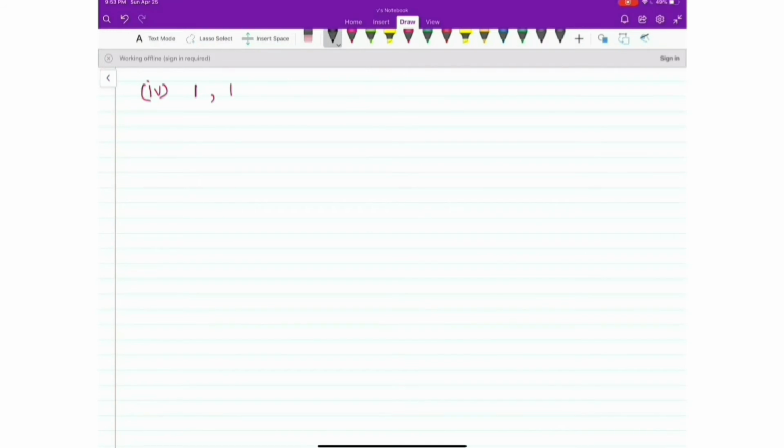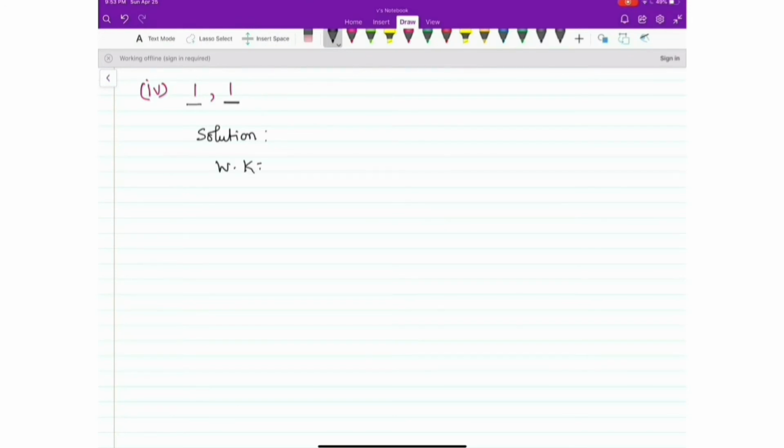Fourth subdivision, you have been given the sum of the zeros as 1 and also the product of the zeros as 1. Let's do it now. Solution. First, let us write the important statement.